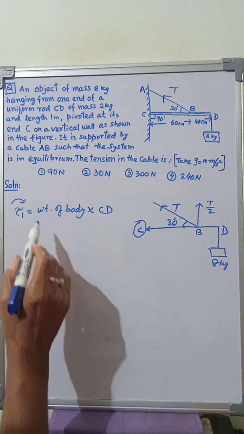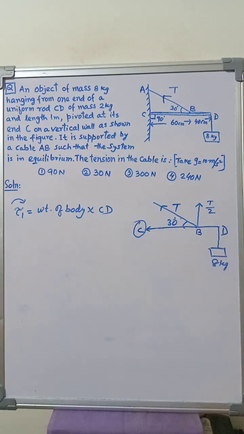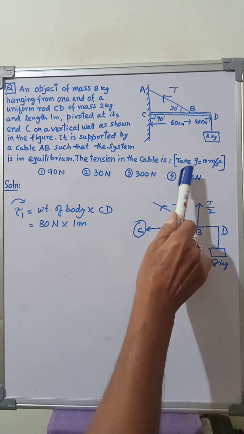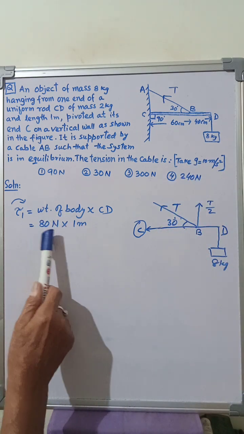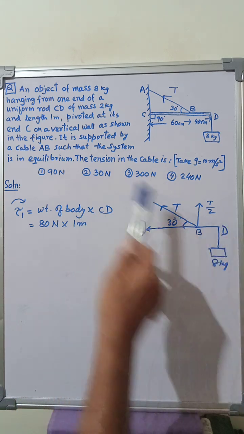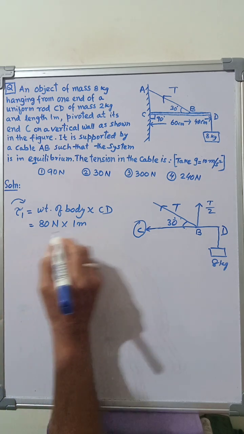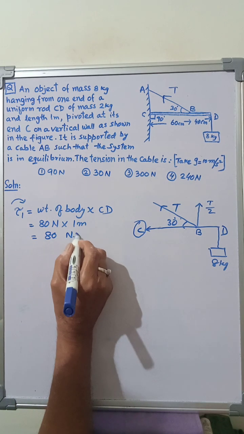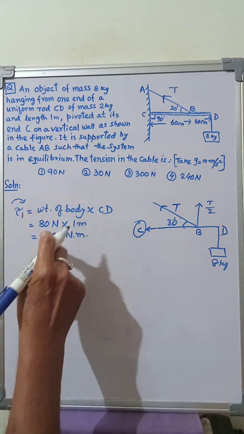Tau 1 is equal to the weight of the body into CD, the length. The mass of the body is 8 kg and g is equal to 10 meters per second squared. Therefore, the weight of the body is equal to 80 newtons into CD. CD is given in the question as 1 meter. So this is equal to 80 newton meters. Let us remove everything and put it there.